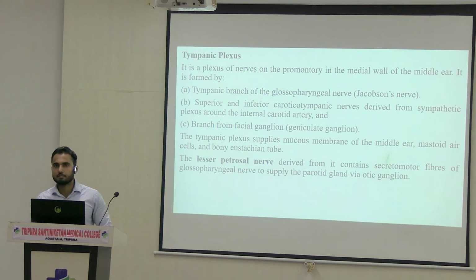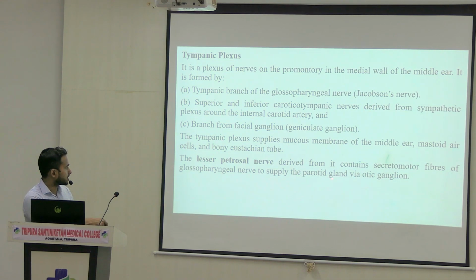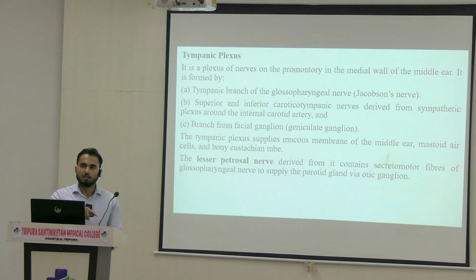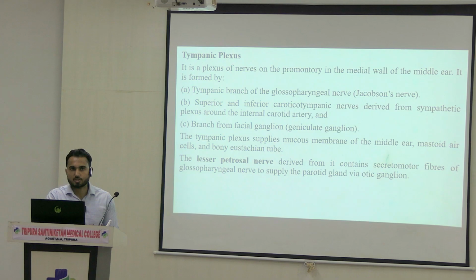In the beginning, I have mentioned. Now this lesser petrosal nerve will contain the secretomotor fibers of the glossopharyngeal nerve which supply the parotid gland via the otic ganglion. In the otic ganglion it will relay. That means it will be carrying the parasympathetic fibers.